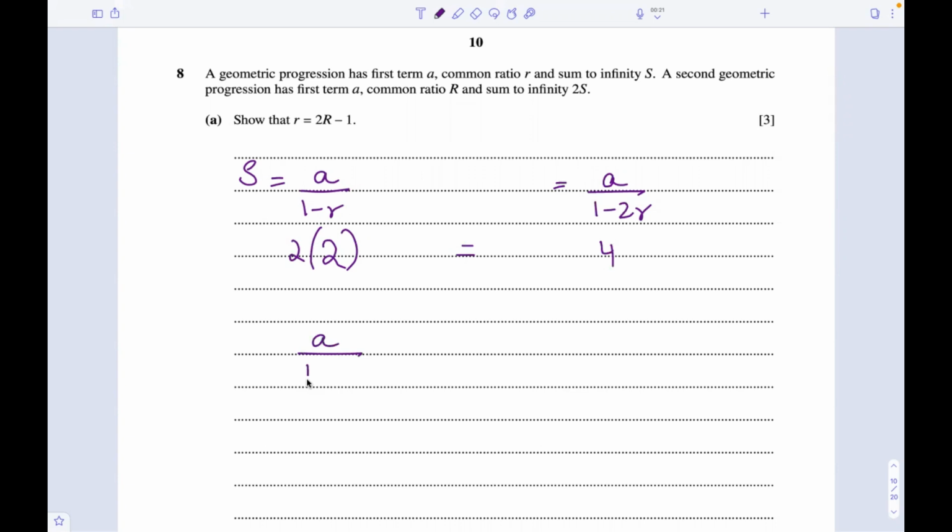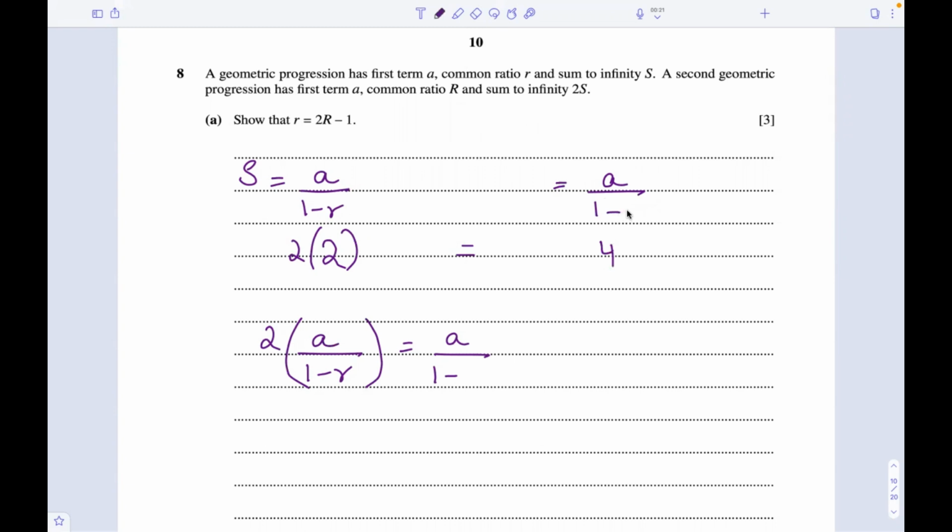So I'll write A upon 1 minus r and multiply this by 2, and write the other progression as it is, which is 1 minus R. Okay, there's a slight mistake over here.